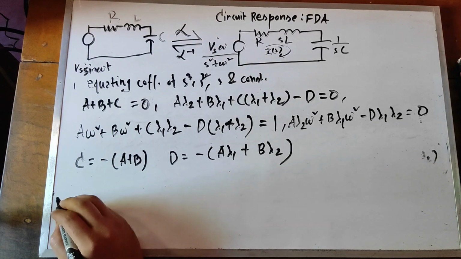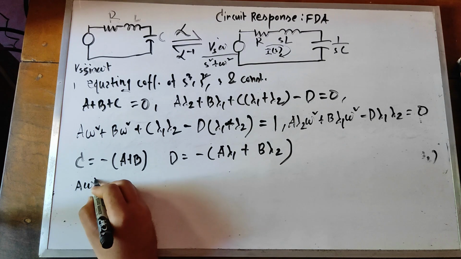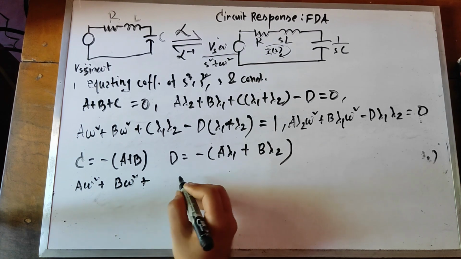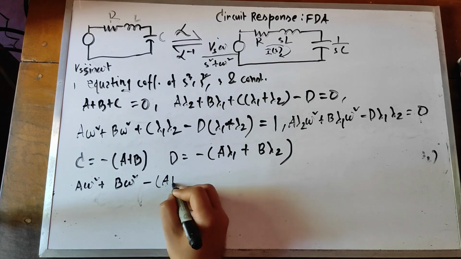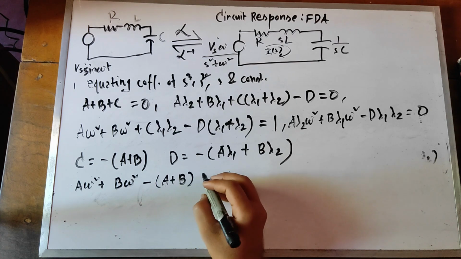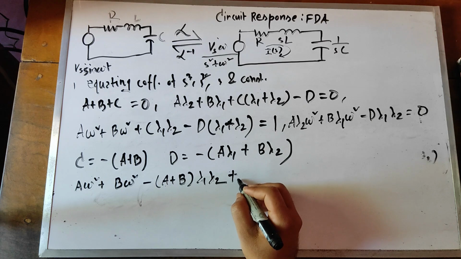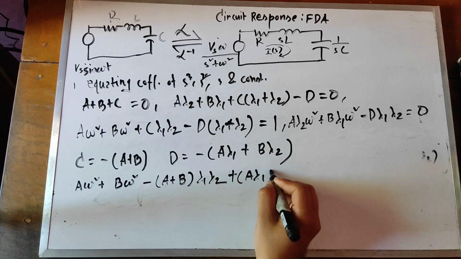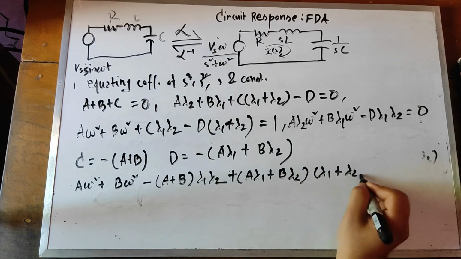And so A omega square plus B omega square minus, this is minus, so I have C, so (A plus B) lambda 1 lambda 2, minus, so this will be plus, so (A lambda 1 plus B lambda 2)(lambda 1 plus lambda 2) equals 1.